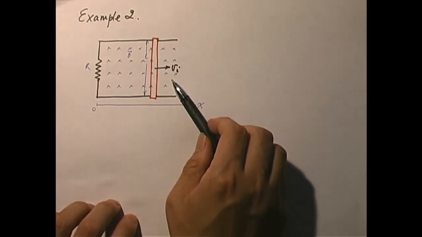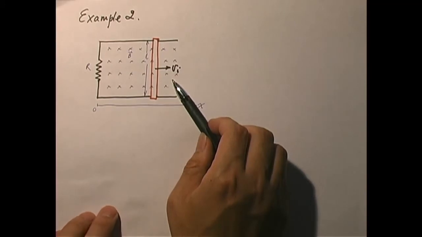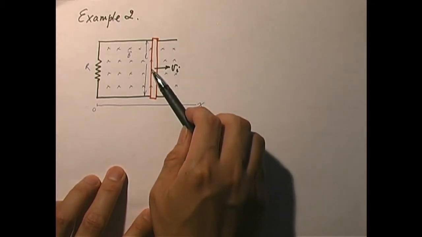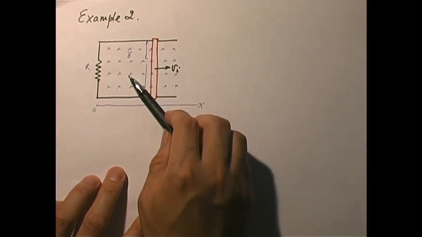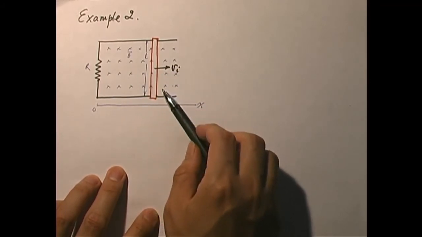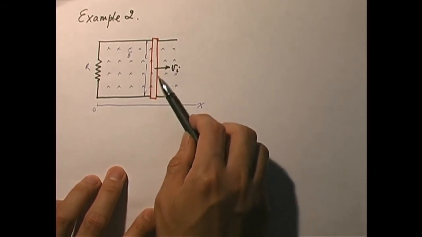Now let's see. Does the speed increase or decrease over time? What do you think? Well, what we did in the previous problem, we look at conservation of energy, right? Look at conservation of energy here. Suppose the speed increases over time when you have a magnetic field. Then on the one hand, somebody is supplying extra kinetic energy to this bar, right?